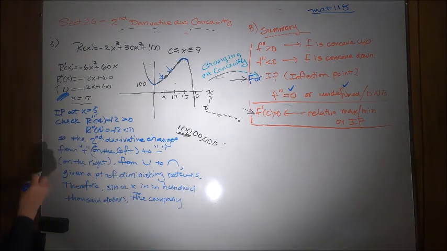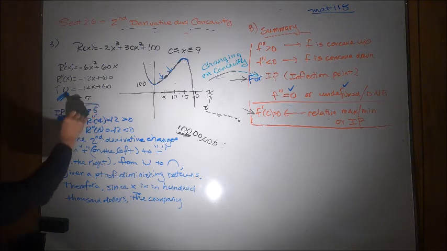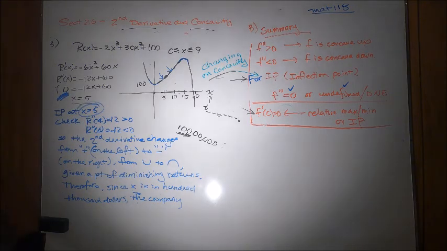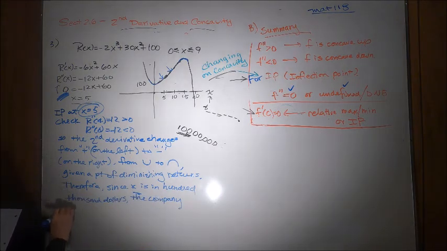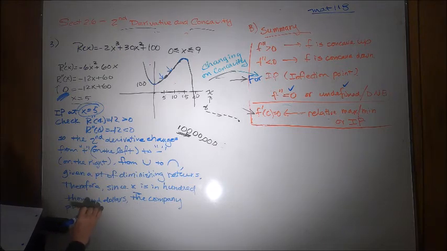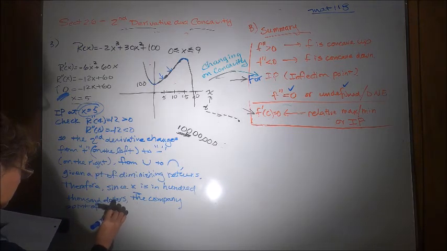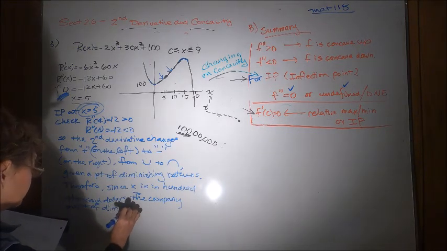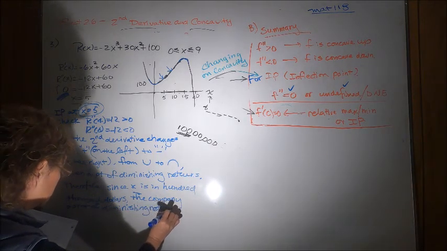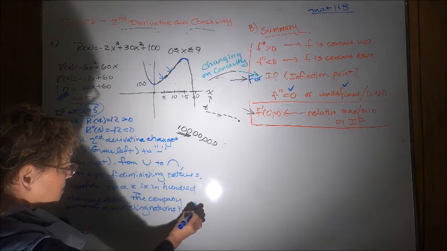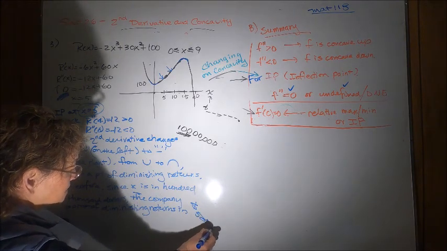So x is what? Did we get x? Yeah, here. x is 5, right? x is in $100,000. So the company's point of diminishing return we are talking about. Returns is what? $500,000.